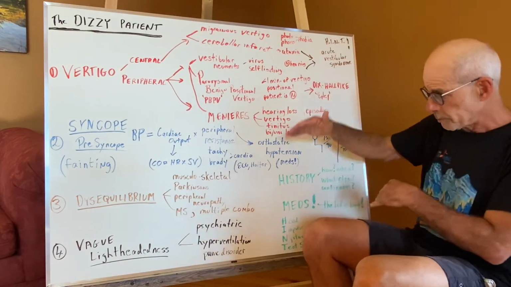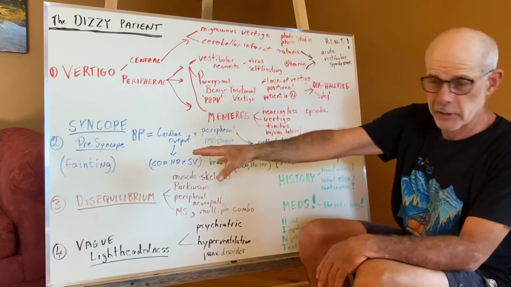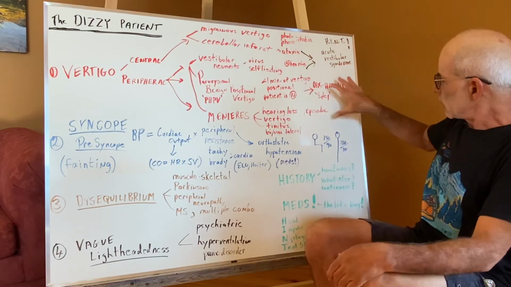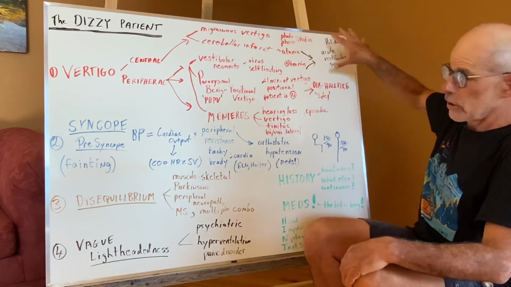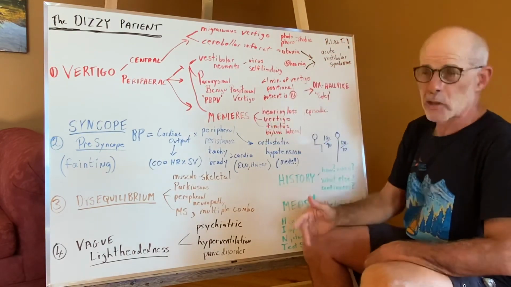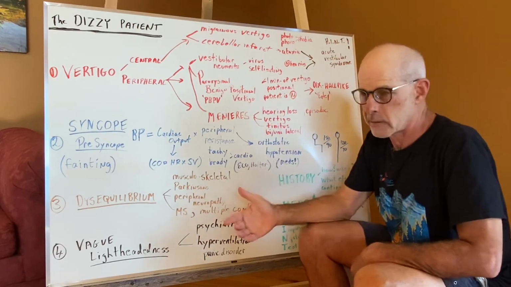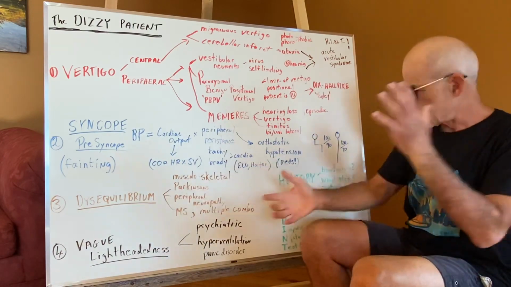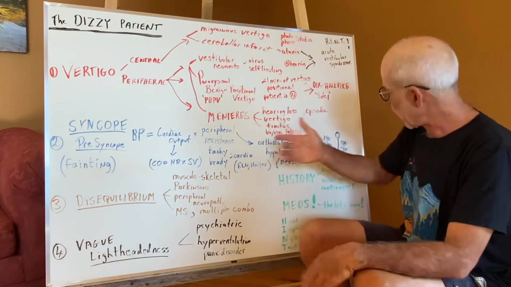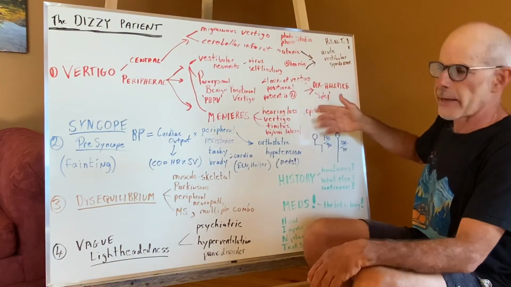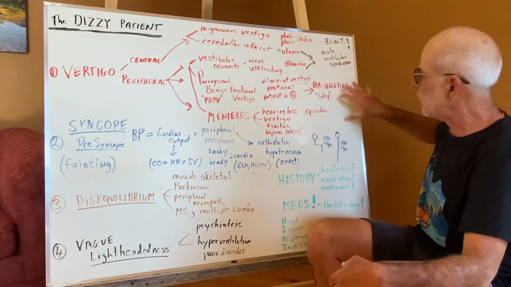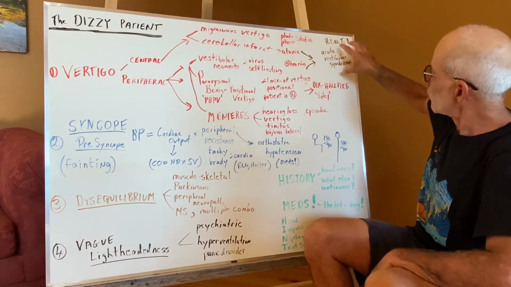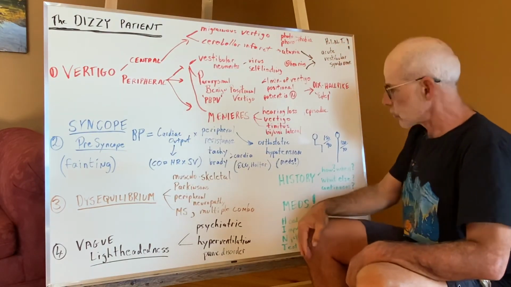You never do a HINTS exam on a patient that's completely normal, and you wouldn't do a Dix-Hallpike exam on a patient who's in an acute vestibular syndrome, because any patient that's in an acute vestibular syndrome is going to be worsened by moving their head around and doing Dix-Hallpike. So it's completely inappropriate to do Dix-Hallpike in patients who are presenting with acute vestibular syndrome.